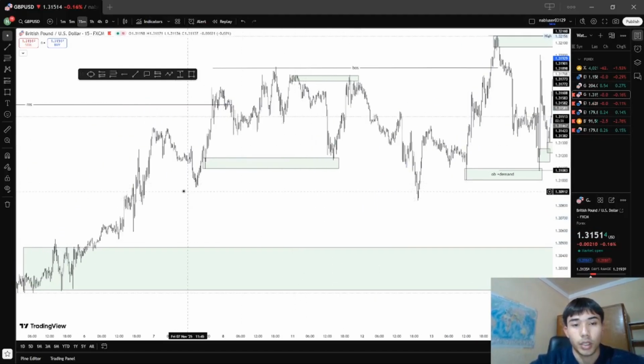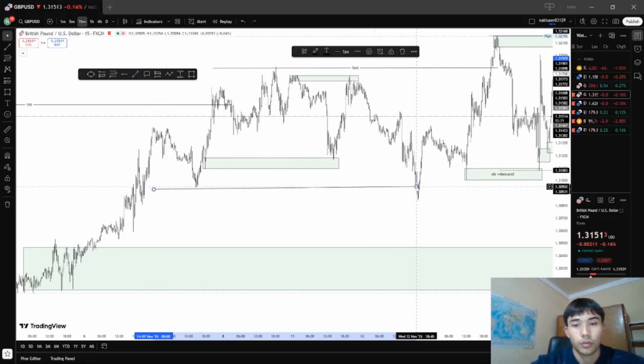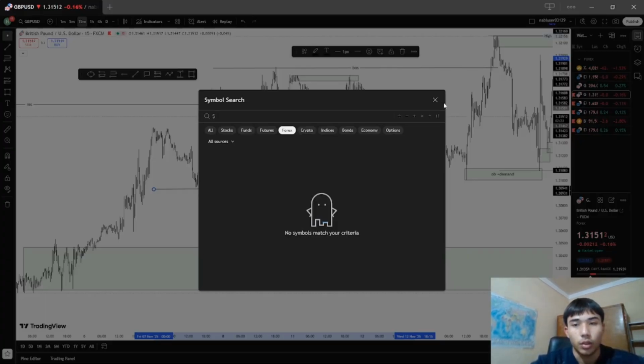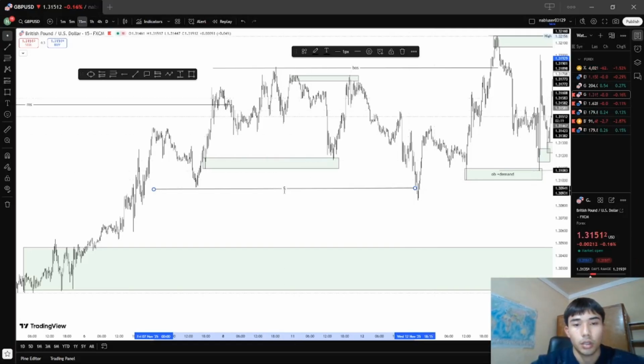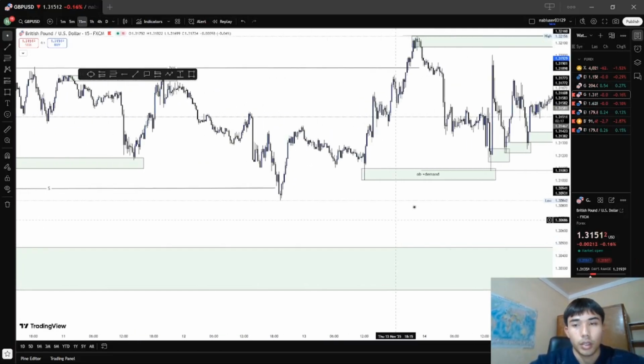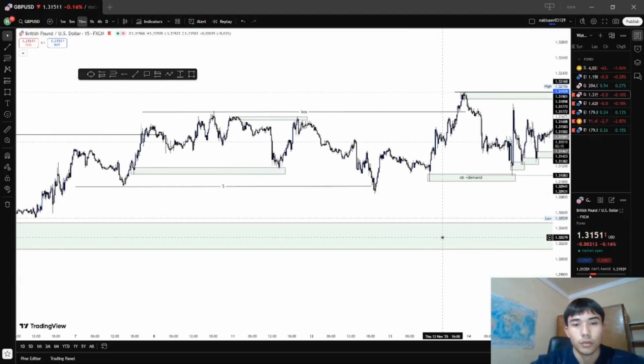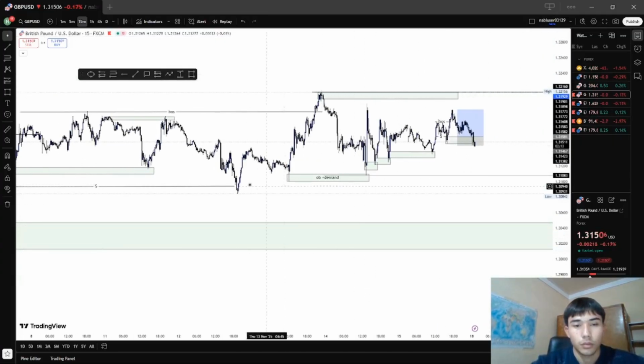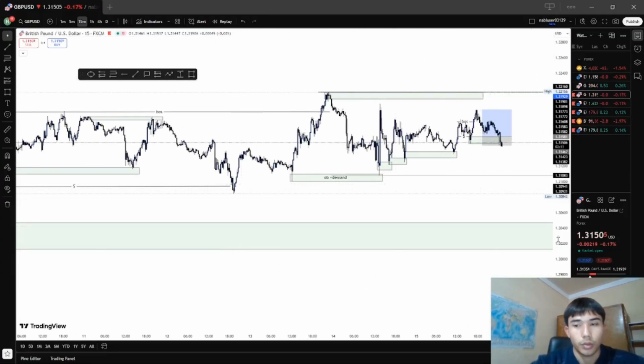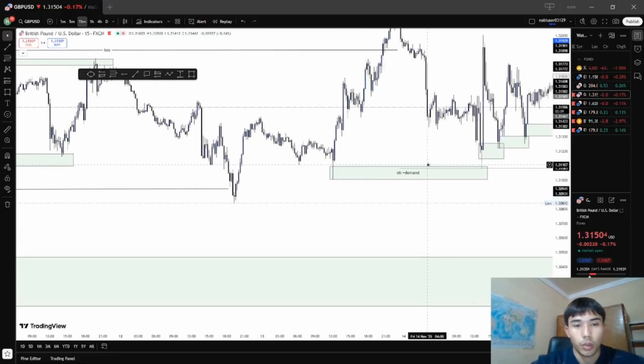And price went down and swept all the liquidity. Oh my god, swept all the liquidity. And right after sweeping the liquidity, what do we have here?